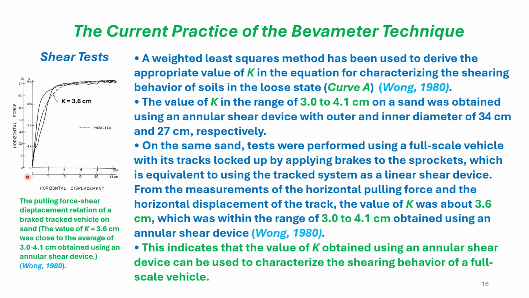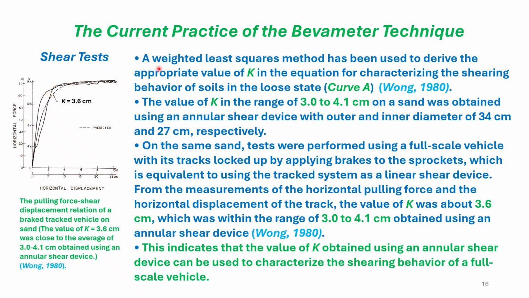The test results are shown in this figure. The vertical axis is the horizontal pulling force applied to the vehicle. The horizontal axis is the horizontal displacement of the track. The two solid lines represent the measured data. The dashed line represents the fitted curve based on the test data.